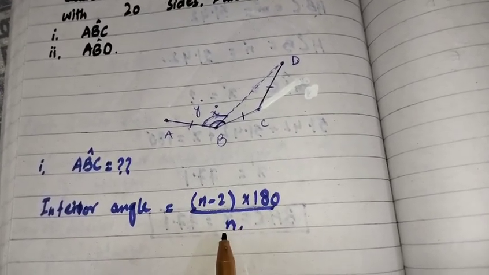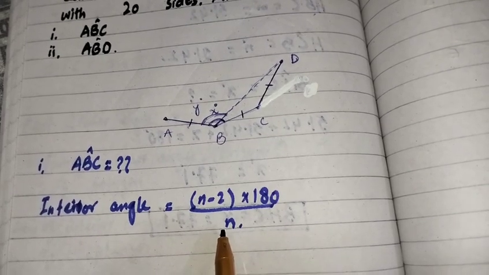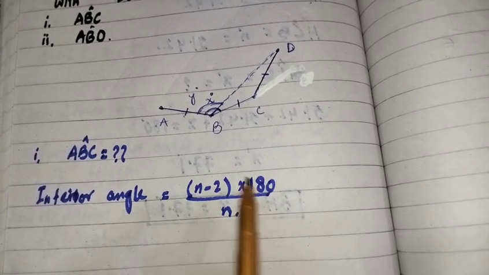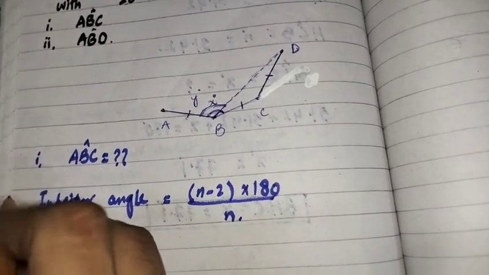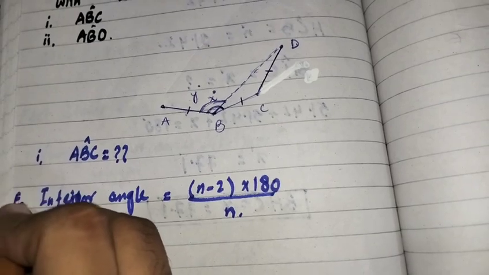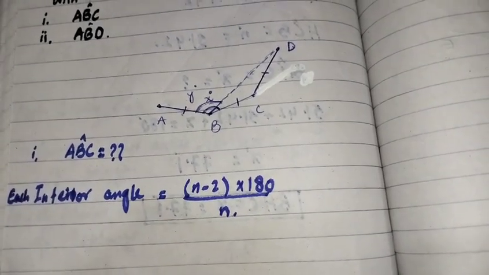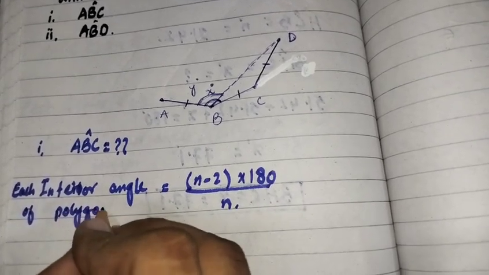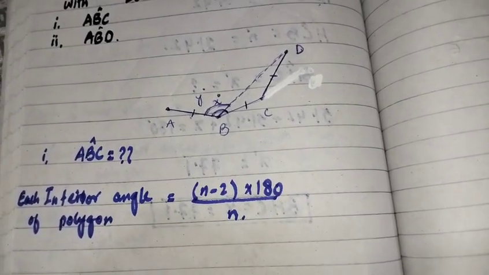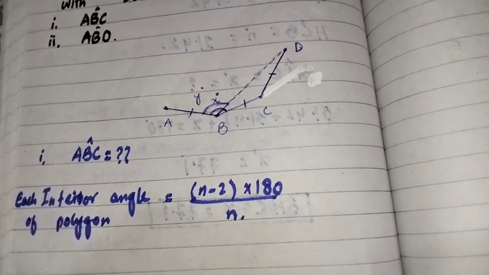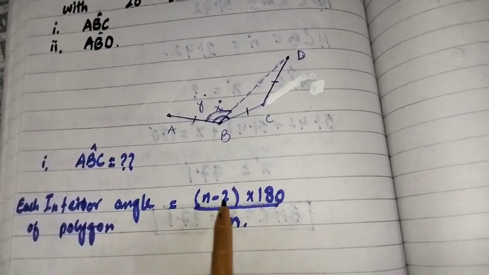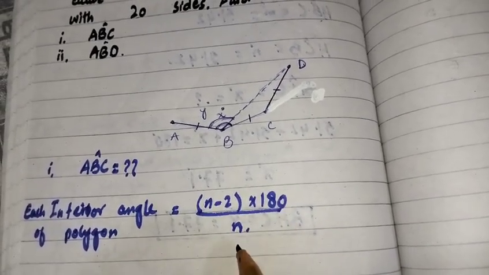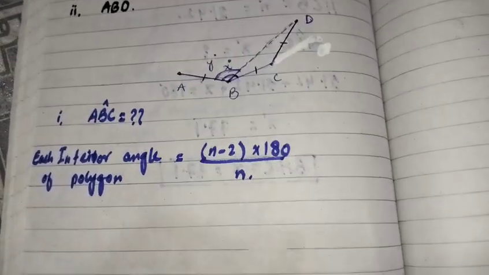When we divide it by n sides, we get the single, or each, interior angle of the polygon. And if I want to find the sum of all interior angles, the formula will be (n minus 2) multiplied by 180 only. Then if we divide by n, we find each interior angle.